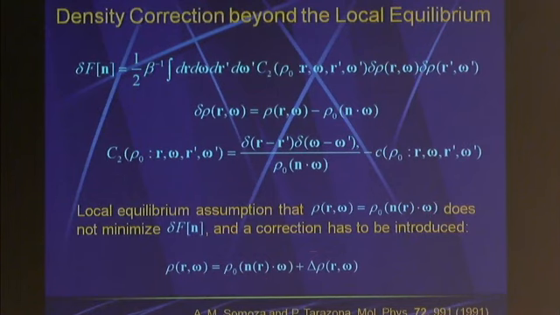We need to evaluate the difference between the true deformed state and the assumed local equilibrium distribution function. And this is simply a minimization of this free energy in terms of delta rho.